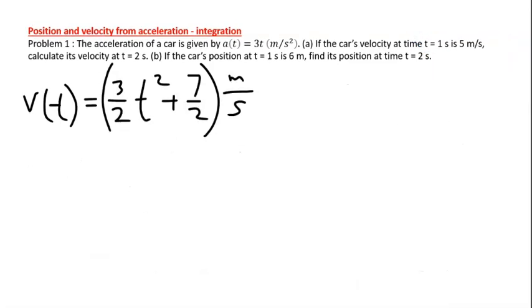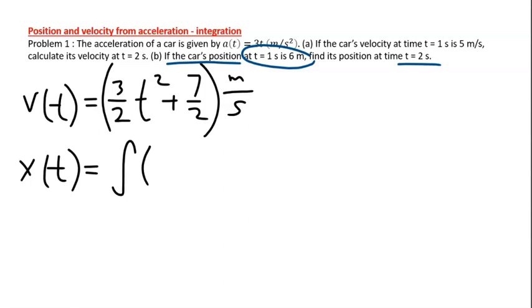Having found the velocity function, now we can proceed to determine the car's position at t equals 2, given that at t equals 1, the position is 6 meters. The position can be obtained by integrating the velocity function we obtained above: the integral of 3 over 2 t squared plus 7 over 2 dt.